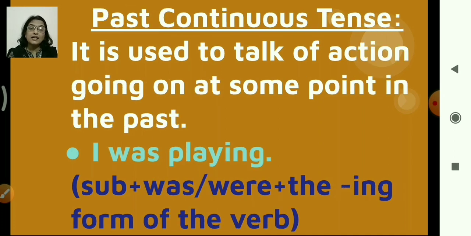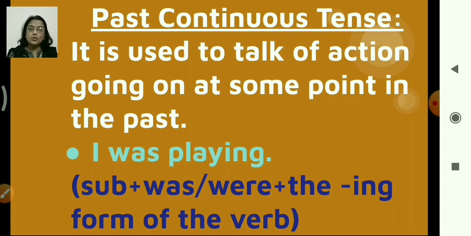Then the past continuous tense. It is used to talk of an action going on at some point in the past. Most of the times we use this in our composition. I was playing. When you are writing a story or diary writing, that time you mostly use this type of sentence. So how is it formed?